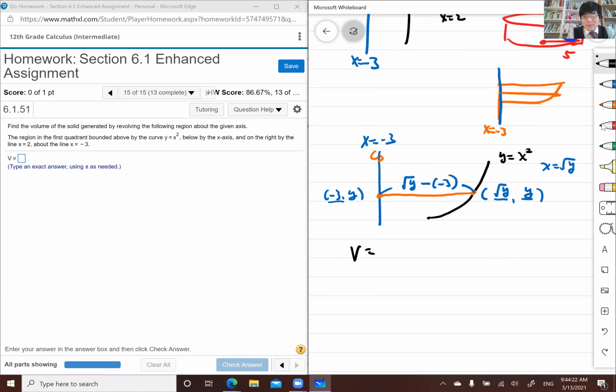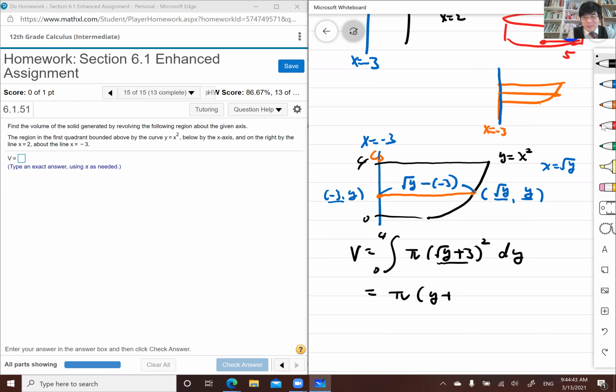So let's find the volume of the orange part: the integration from 0 through 4 of pi times radius squared. That's going to be the orange part. Before integrating, because this is a nonlinear term, I have to expand it. So we're going to integrate this.